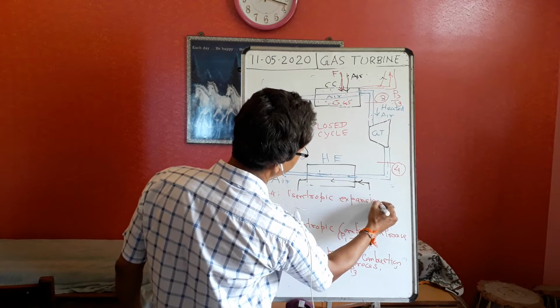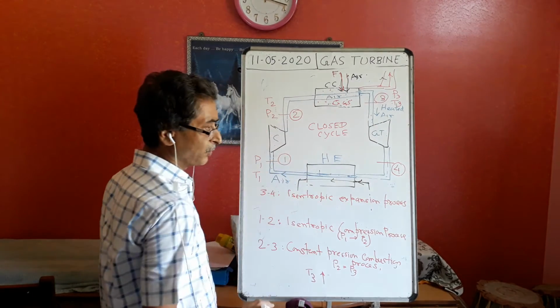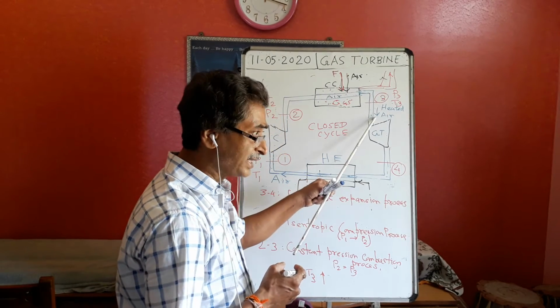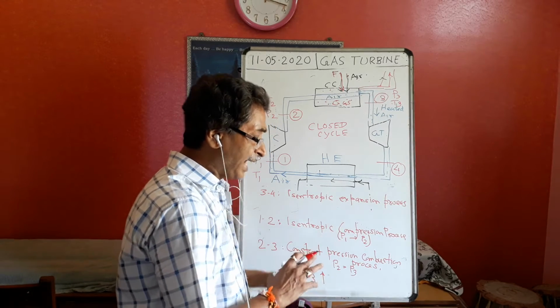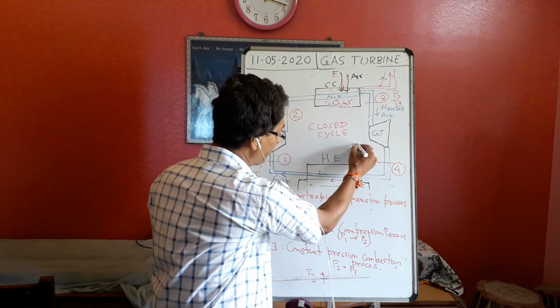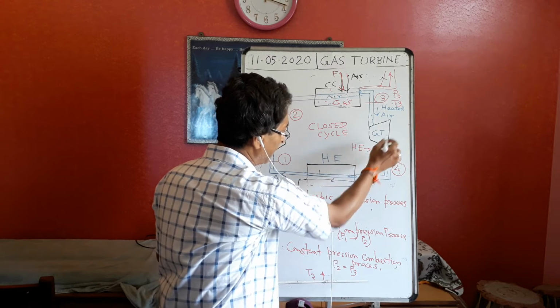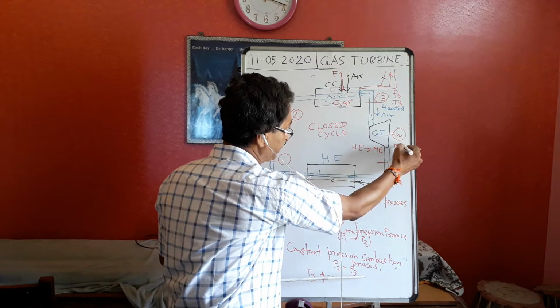Why is it expansion? Because the enthalpy is decreasing, pressure is decreasing. Why? Because the gas turbine is transferring whatever energy was there in the air. In the gas turbine, heat energy converts to mechanical energy, and the generator converts mechanical energy to electrical energy.